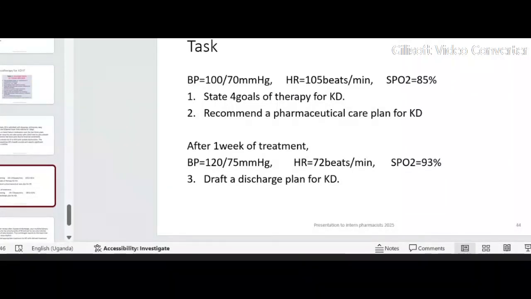When you calculate the MAP of this patient, systolic blood pressure is 100, diastolic is 70. So systolic 100 plus 2 times diastolic, which is 140. So 100 plus 140 divided by 3, what do you get? You get 80. Does everyone get 80?